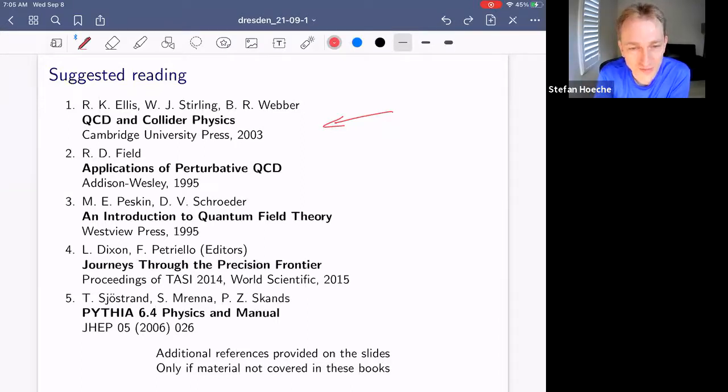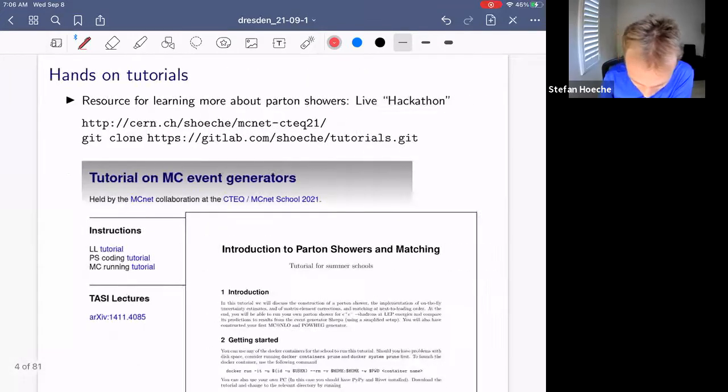There is the introduction by Michael Peskin that I will make use of, and then there is a more recent write-up in the proceedings of the TASI School 2014. And in particular, when it comes to simulating things, which this lecture is all about, because it's about Parton showers, there is the Pythia 6.4 physics and manual, which is really more physics than manual, and it's a really large write-up of essentially all the physics that is contained in Parton shower event generators. And I will only give additional references on the slides if they are not covered in these books already.